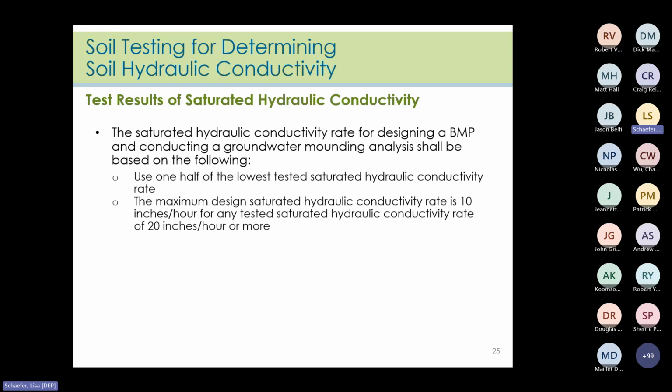That's what is used to compute a BMP's drain time for the maximum design volume, the exfiltration rate for a BMP allowed to use exfiltration in the routing calculation, or the recharge rate in the groundwater mounding analysis. Where any tested saturated hydraulic conductivity rate is 20 inches per hour or more, the maximum that you can use for the design saturated hydraulic conductivity rate is 10 inches per hour.